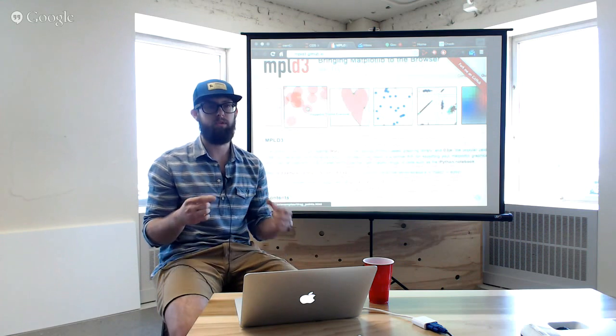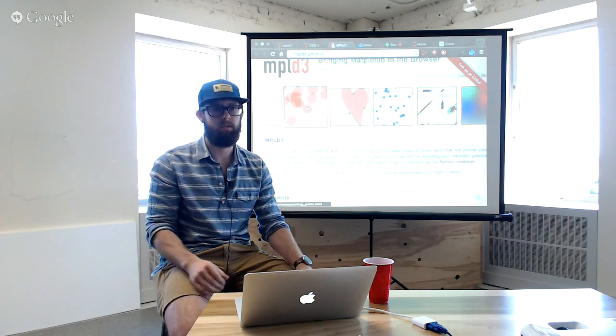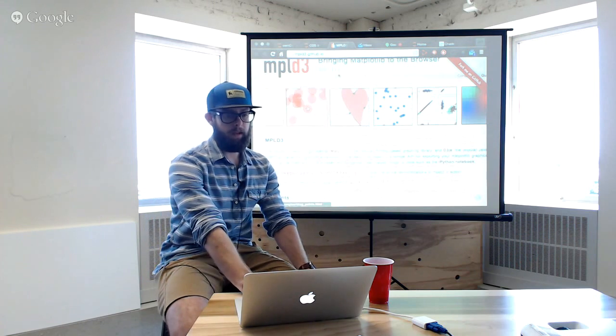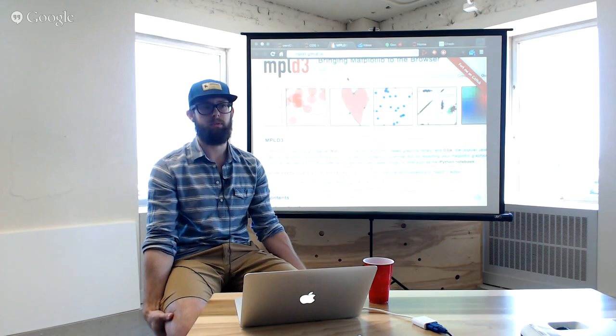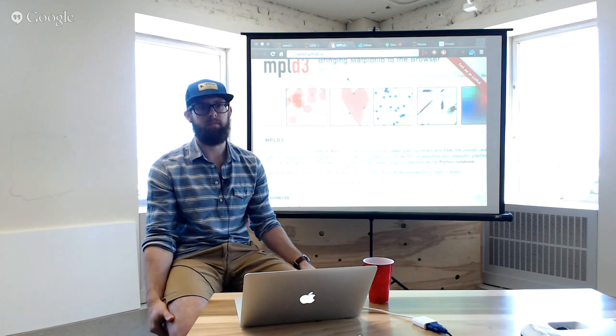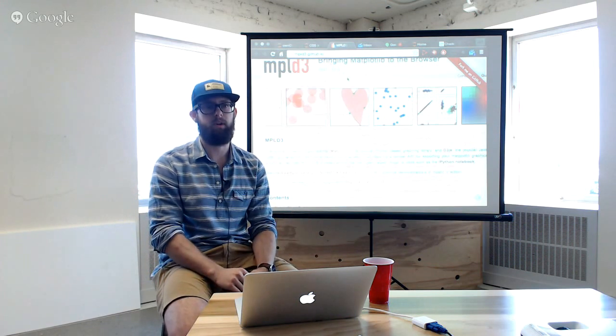For the map, I used Bokeh simply because it already had a mapping feature built in, and it was a lot easier. But there are a lot of ways that, if you're familiar with D3 and web development, you can pull data out of Python and pump it into D3.